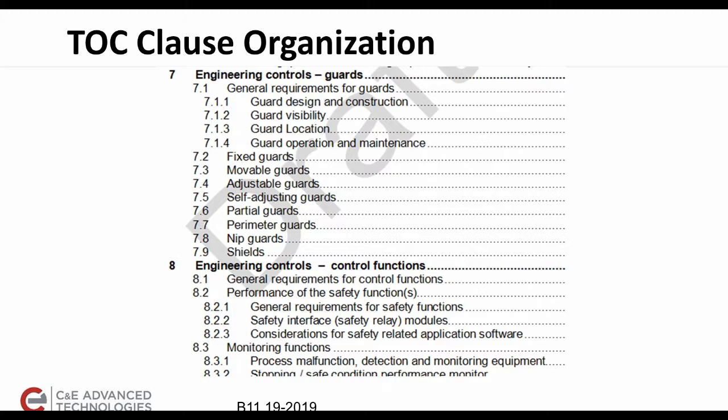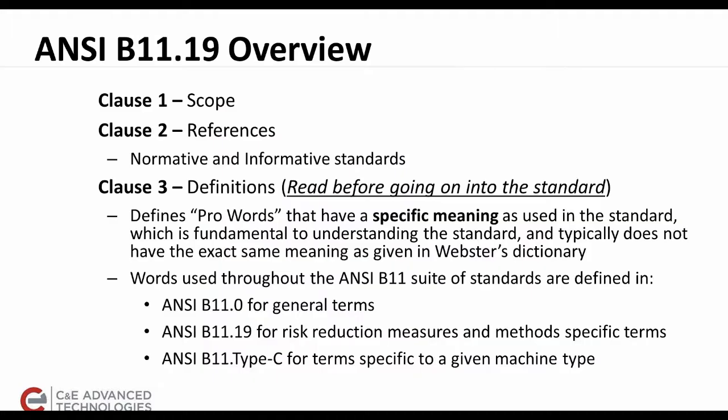You see a similar construct under engineering controls, where again in 8.1 and 8.2, the document talks about the general requirements of control functions, and then beyond that in 8.3 and above, the discussion and the definition is for specific function within engineering control function.